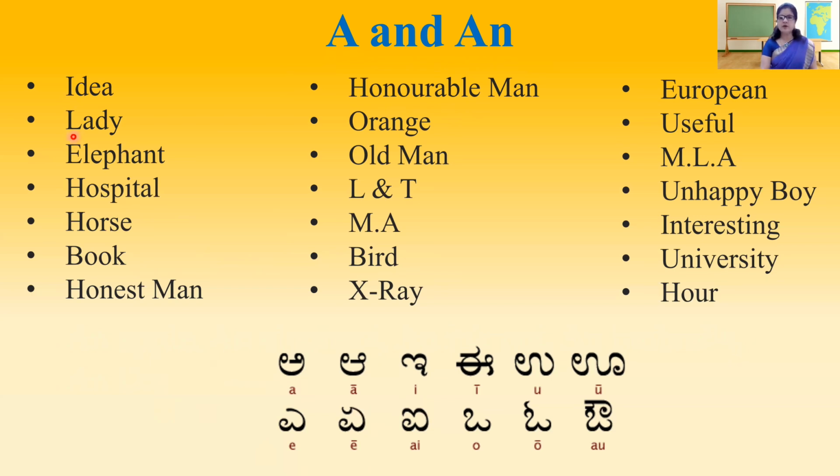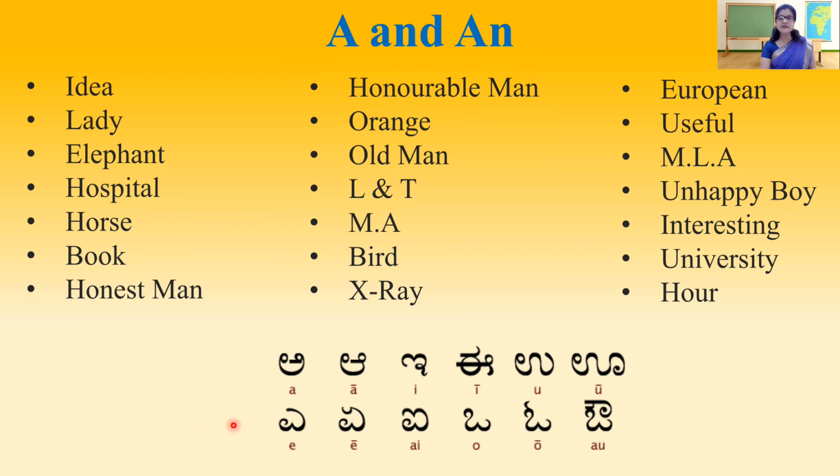L is a consonant letter and it gives you consonant sound, lay. Elephant. E is a vowel letter and it gives you vowel sound, A. Hospital. H is a consonant letter and it gives you consonant sound, ha.